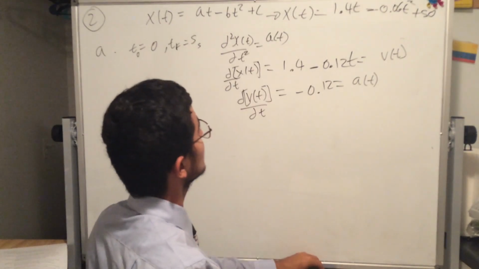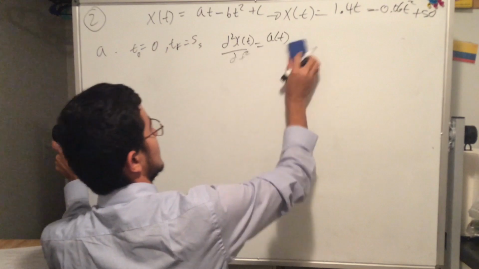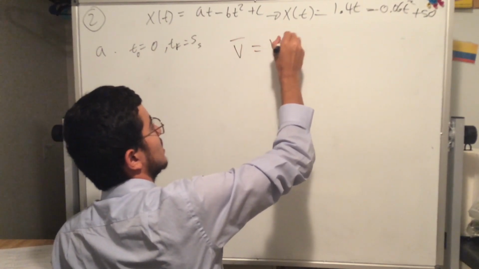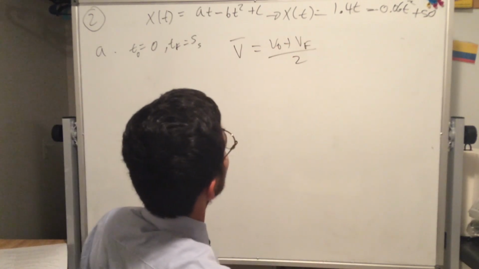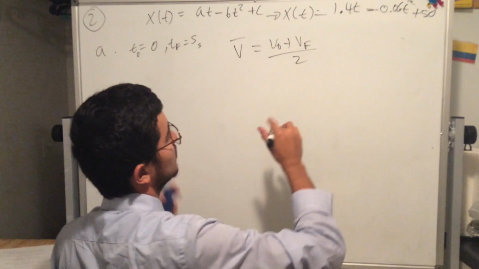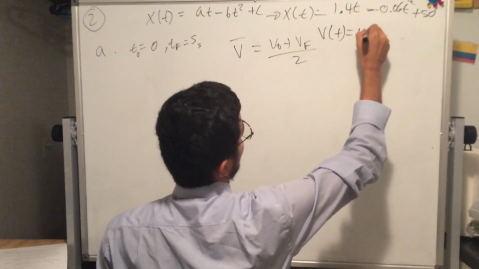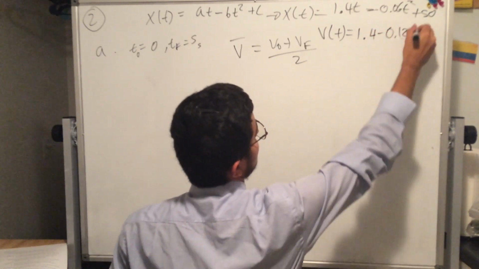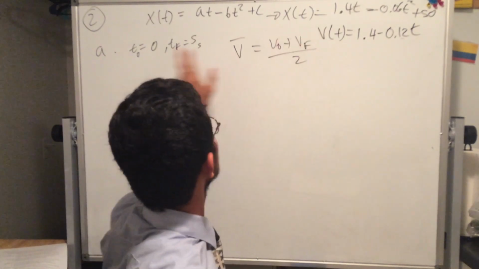That means we can use the other formula for average velocity, which is just v0 plus v final, all of that divided by 2. To do that, we write out the velocity function, v of t, which was 1.4 minus 0.12t, and evaluate it at the given time intervals.